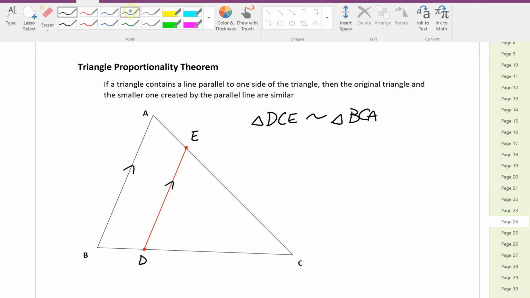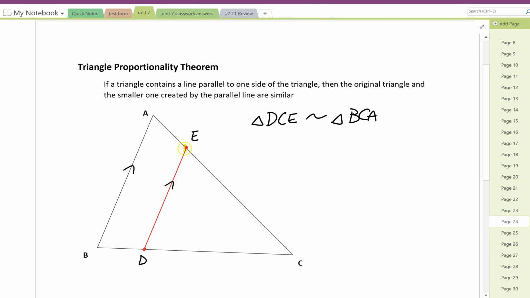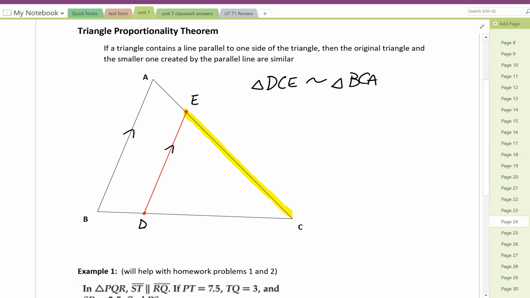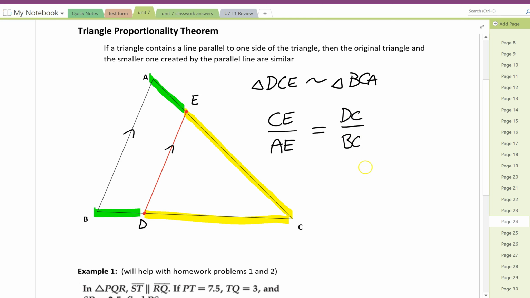What I'm saying here is that when I draw a parallel line like that, I break AC up and BC up into two line segments that are proportional. And so if I was to write that out, it would be however long CE is divided by however long AE is going to be equal to however long DC is over however long BD is.